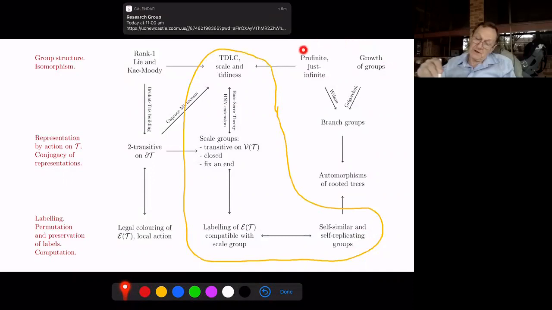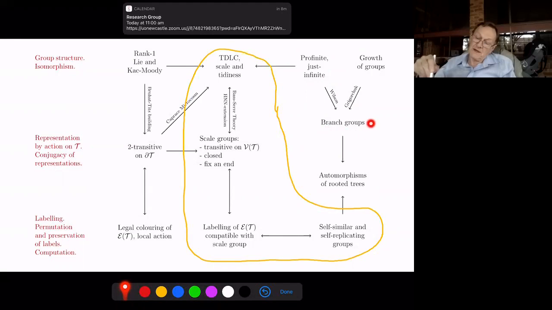over here on the right-hand part is something that's of interest to people in College Station, I think, and in particular the growth of groups and the examples constructed by Slava giving rise to the notion of a branch group. Well, that notion also came from the work of John Wilson on just infinite pro-finite groups.